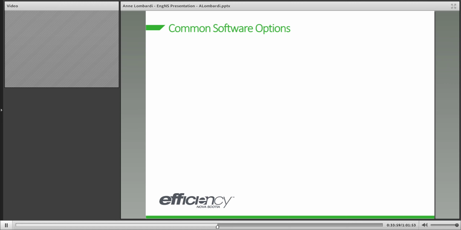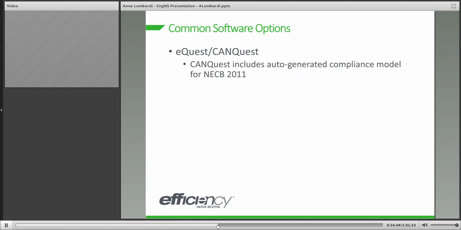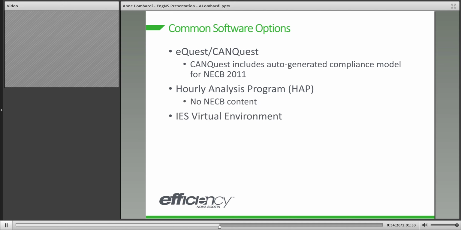Okay, common software options for achieving compliance: eQuest or CanQuest. CanQuest did have an auto-generated compliance model for NECB 2011, but that has not been updated, so it's not really valid anymore. There's the Hourly Analysis Program, which is HAP by Carrier. It doesn't have any NECB content. Then there's IES Virtual Environment.